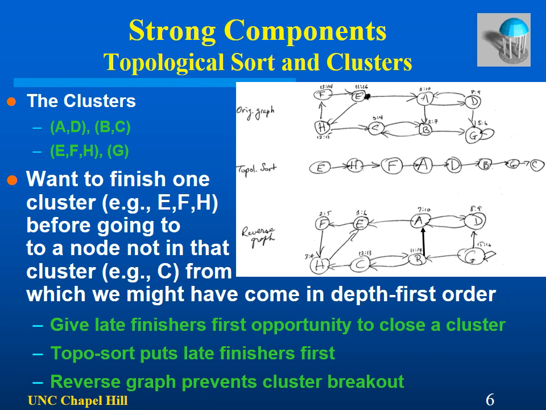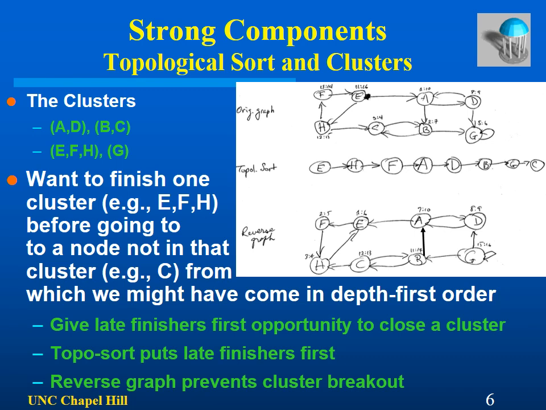And so if we can take the late finishers from the topo sort and treat them first, we will be in good shape as long as we don't leak out, for example, from the H to the C or the E to the A.